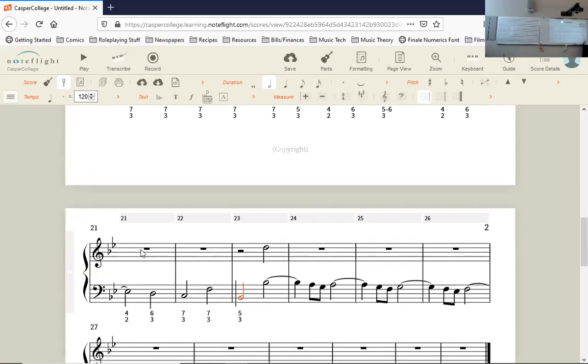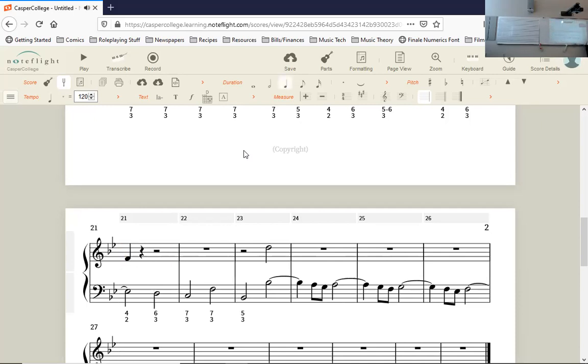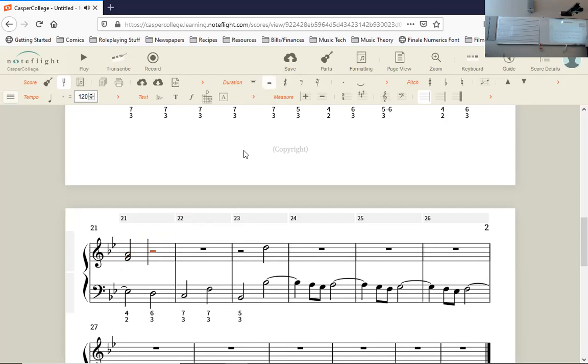Okay, we just left off there, and I need 4-2 above the E-flat. F and A. Good. And 6-3 above the F. That'd be fun, yes.